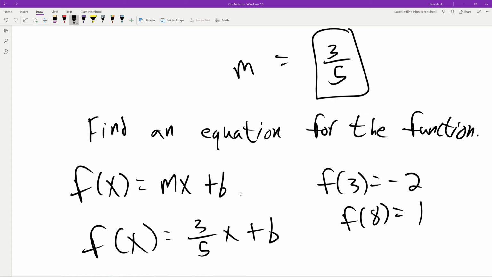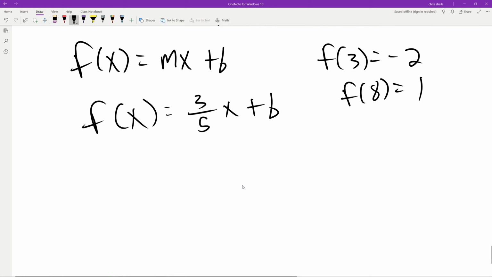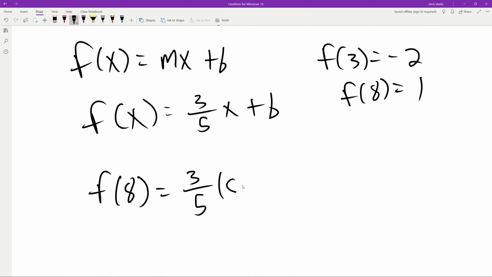So what I need to do is plug in one of these bits of information. For instance, I can find f of 8. f of 8 is what I get whenever I plug 8 in for x. And I happen to know that f of 8 equals 1. So since I have f of 8 on the left-hand side of this equation, I can replace it with 1.